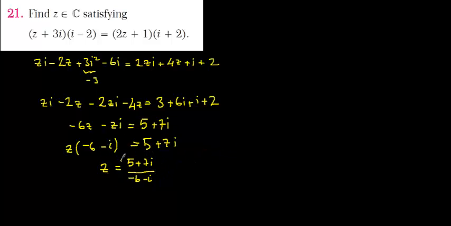After this part, we have to make a division for finding z. Here, for minus 6 minus i, we have to multiply by its conjugate. z is equal to 5 plus 7i over minus 6 minus i, and here we should multiply by minus 6 plus i, the conjugate of it.